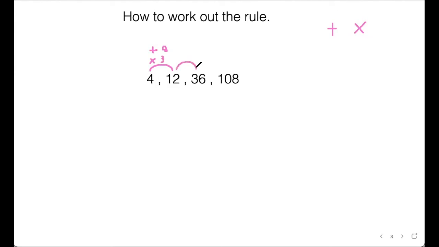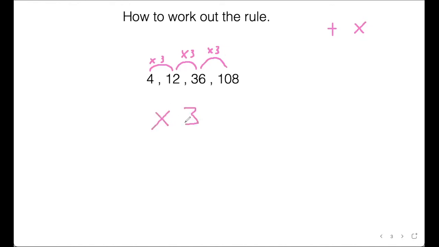Now 12 plus 8 is 20, it's not 36, but 12 times 3 is 36. So right now we can say that the rule could be a multiplication, and it looks like it's going to be times 3. 36 times 3 is 108. So the rule for this sequence is not plus 8, but instead it is times 3.